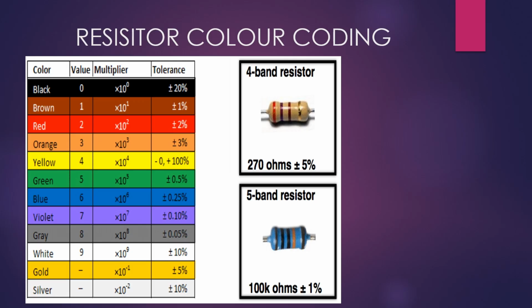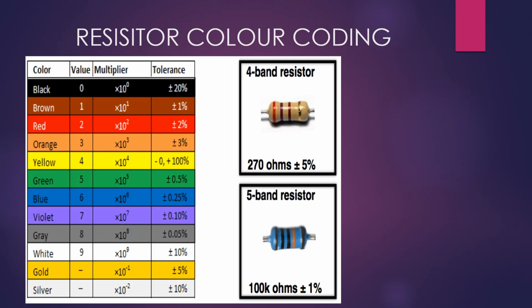As I was saying, the first two numbers are your first two bands. So let's go to your table. Our first number is 2, and on the table 2 is red. We have a red band. Our second number is 7, and we can see that 7 is violet. Then the third number is our multiplier. What do we mean by that? On the third value, that's where we count the number of zeros that we have.